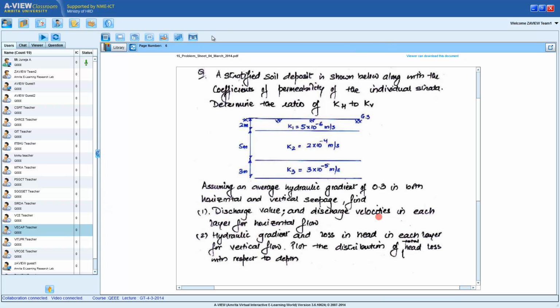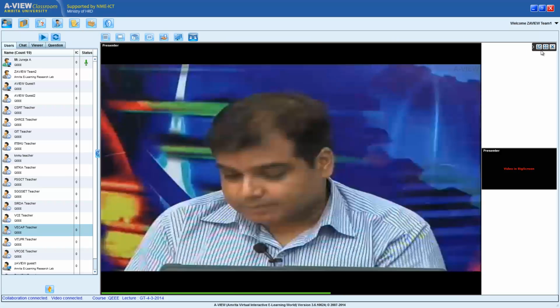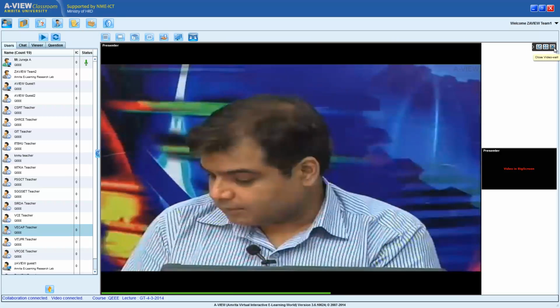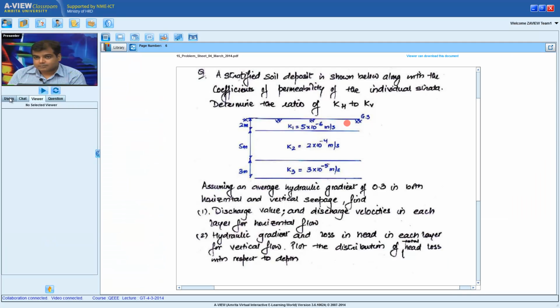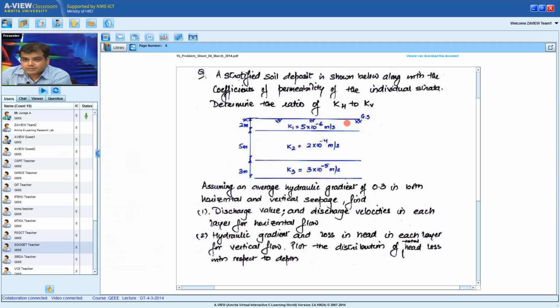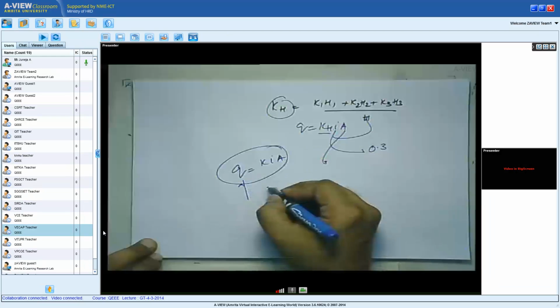Discharge velocity, again, because discharge through all the 3 layers is not the same. So Q equals KiA. Remember Q is not the same in all the 3 layers.